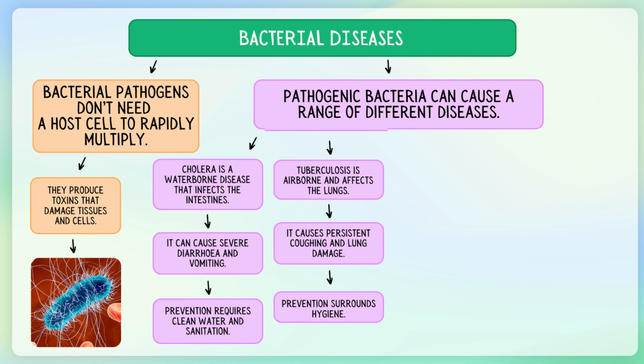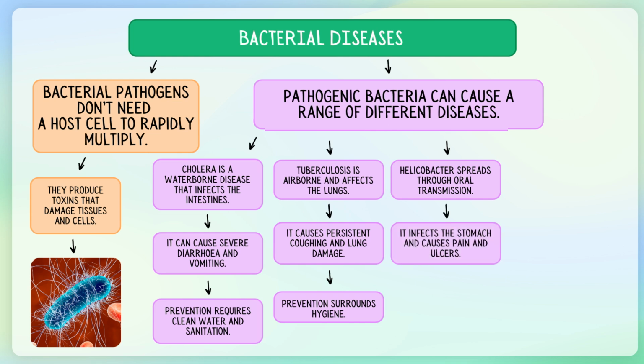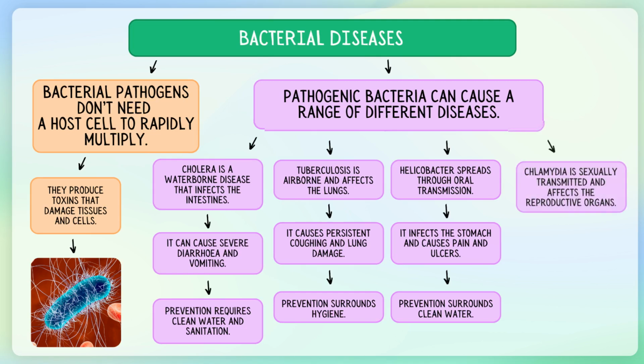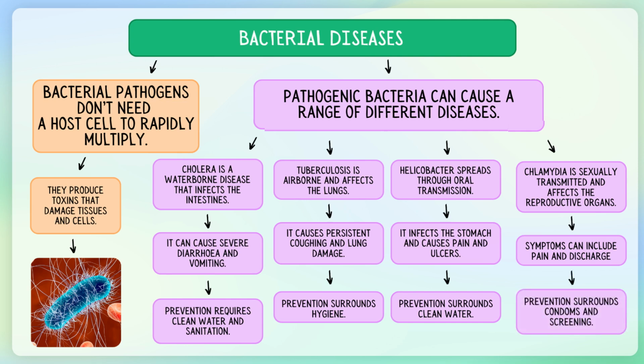We also examined Helicobacter, a bacterium that infects the stomach lining and is a major cause of ulcers. This pathogen is spread orally, and prevention includes access to clean water. Finally, we discussed chlamydia, a common sexually transmitted infection. Chlamydia can be symptomless or cause pain during urination, unusual discharge, or bleeding after sex.